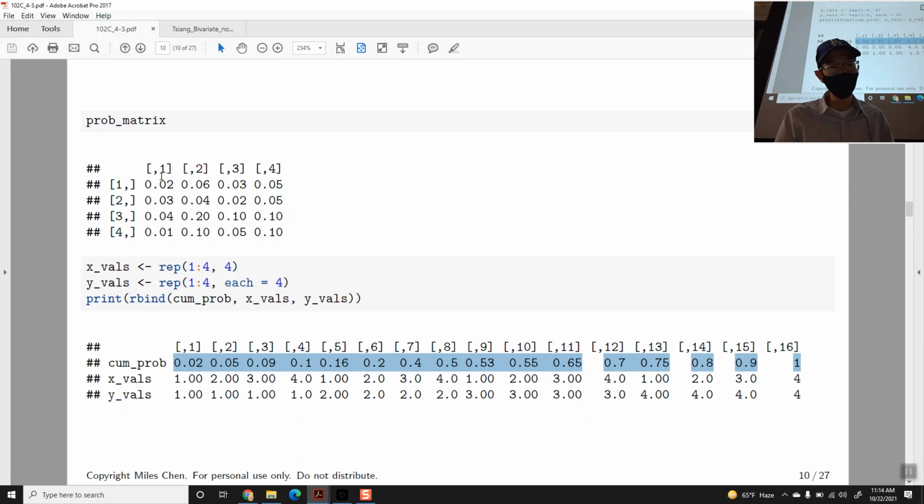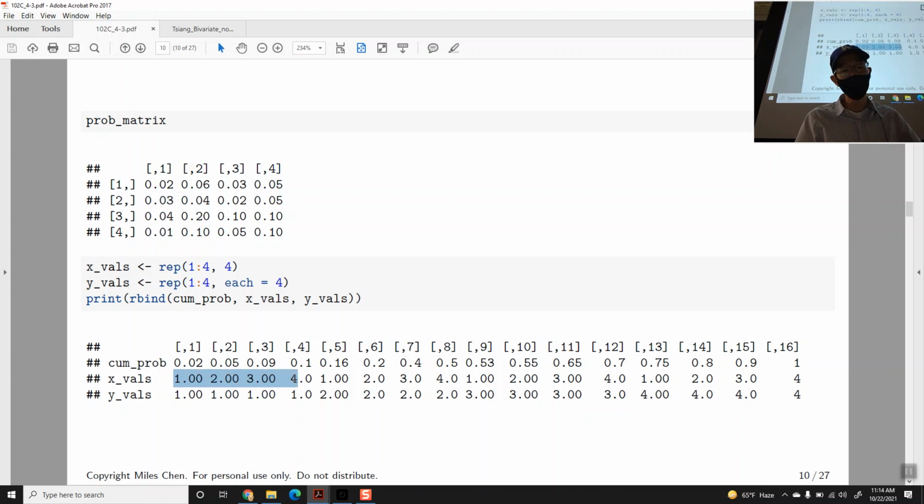So if this is our matrix, we take on x is 1 and y is 1 with probability of 2%. And then if I take the next 2 values, 2% and 3%, for this cell, x is 2 and y is 1. Now, I was able to create these labels taking advantage of R's repeat function. So I can say repeat the values 1 through 4, repeat that 4 times.